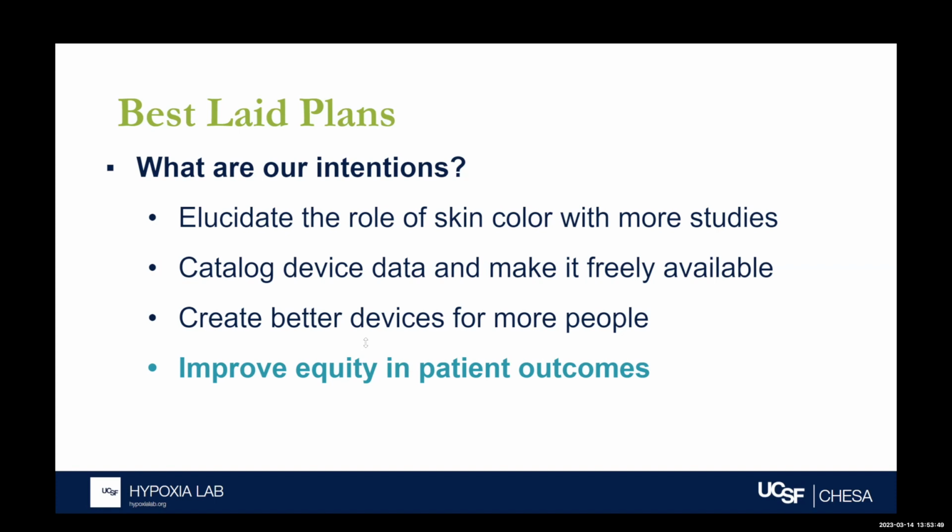We want to catalog device data and make it freely available so that patients, healthcare facilities, and even research facilities can make more informed decisions. We want to overall create better devices that work well, and ideally equally well, for all patient populations. And all those things together would help us to improve equity in patient outcomes.